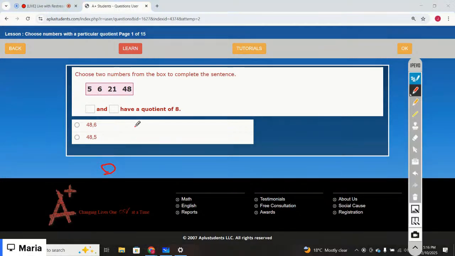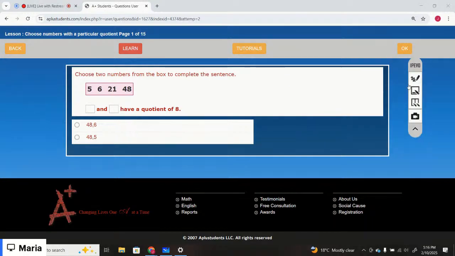So the first option is the correct one because 48 divided by 6 is 8. 6 times 8 is 48. So option number 1 is the correct option. 48 and 6 is the correct option.